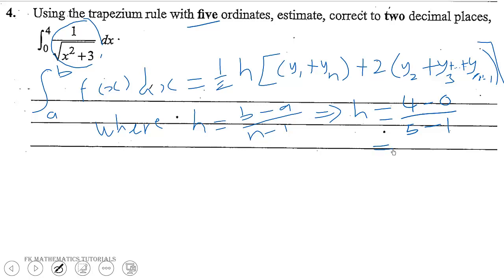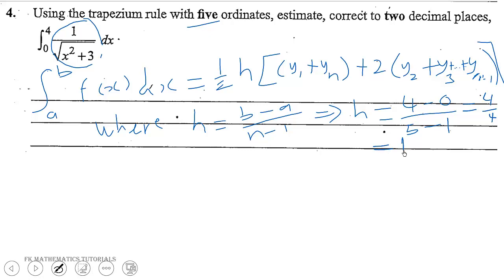So this will give us 4 over 4, which is 1. So you keep adding 1 to the lower limit. So 0 plus 1 will give you the next x value, then plus 1, 2 will give you the next x value, plus 1 will give you the next x value, which is 3, until you get to 4.